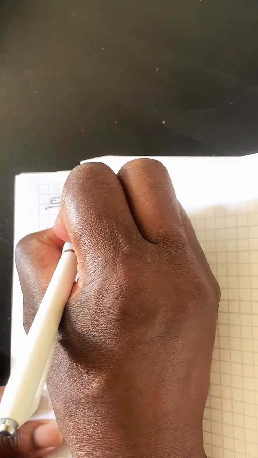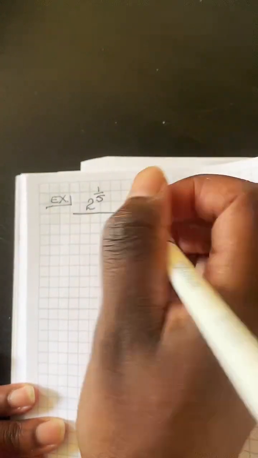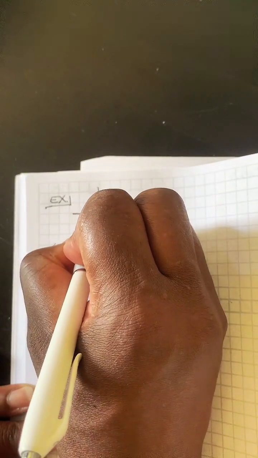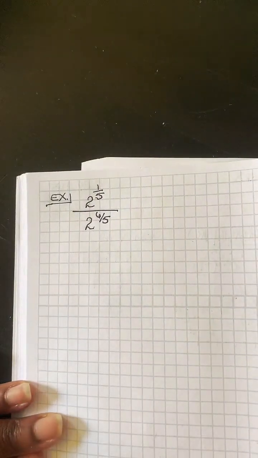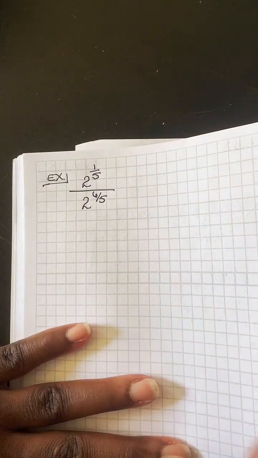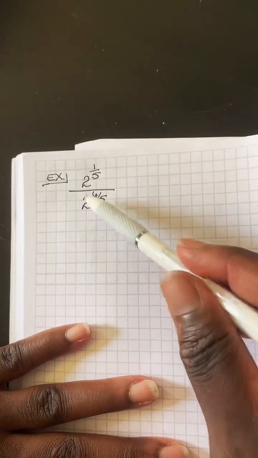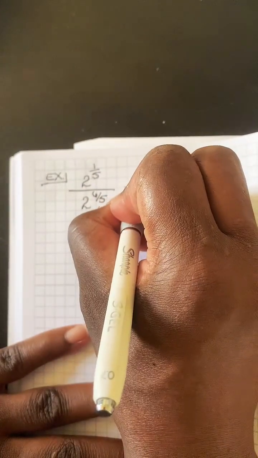All right. So we have 2^(1/5) divided by 2^(6/5). Just trying to keep it simple so we can understand this. We have the same bases, so we're going to keep that base of 2.